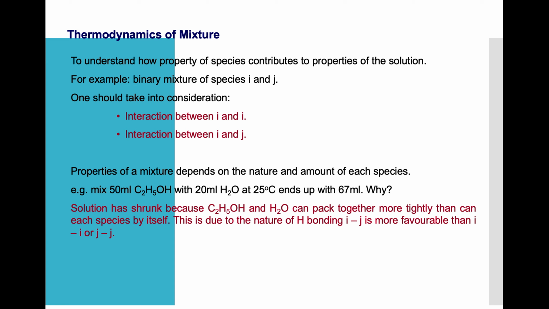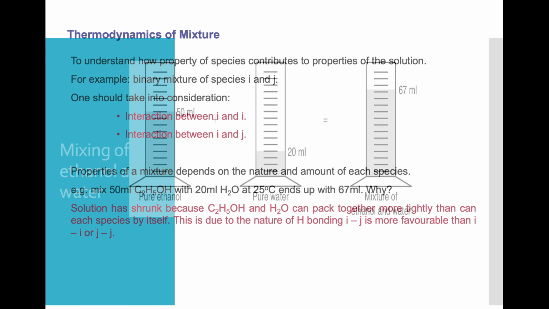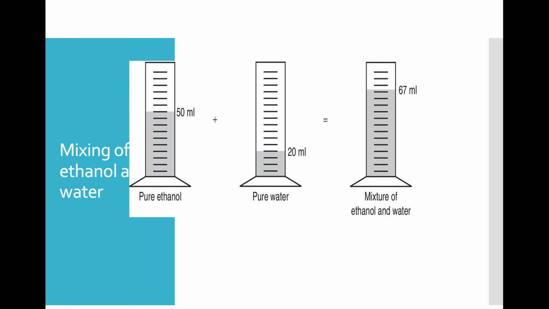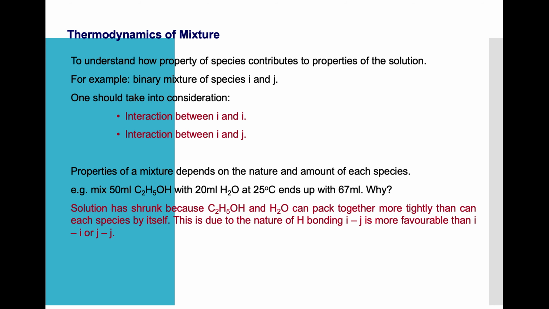This is due to the nature of H bonding, which is more favorable between I and J than I-I or J-J. Mathematically speaking it should be 50 plus 20, which is 70, but if you mix them together, in reality it is 67 because of this H bonding.